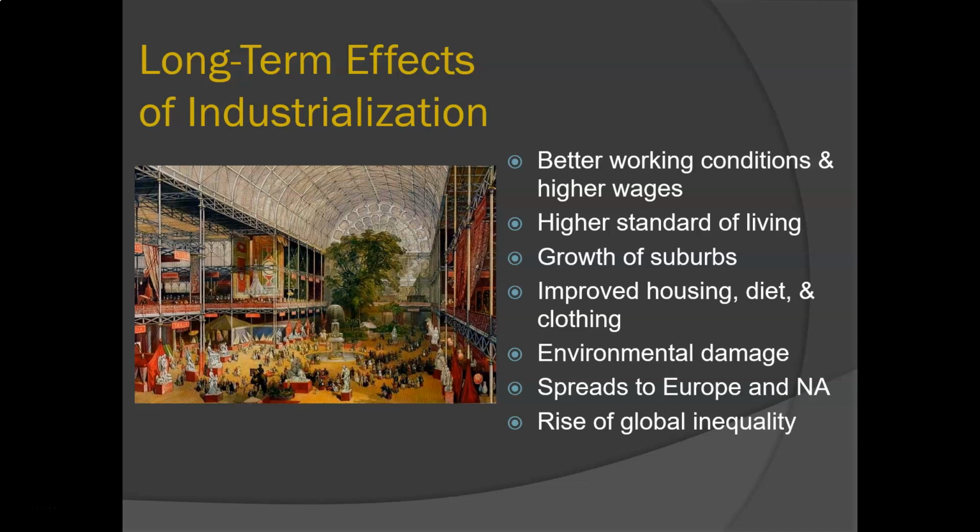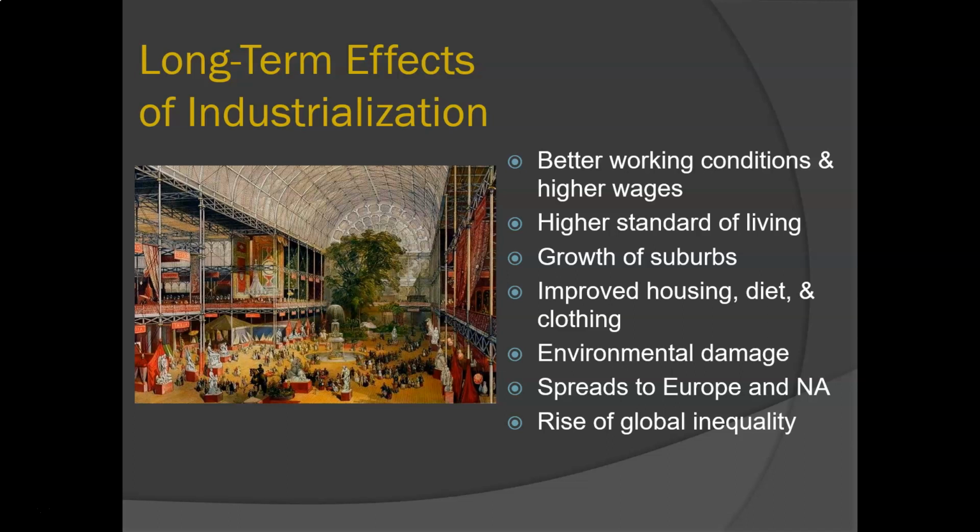Over time, things do get better for the working class. There are over time ideas of how to improve the lives of working class people. Sometimes the government steps in and creates laws to reduce the number of hours that people work, or improve safety in various workplaces, or sometimes require, not very often, but sometimes require a kind of minimum wage.